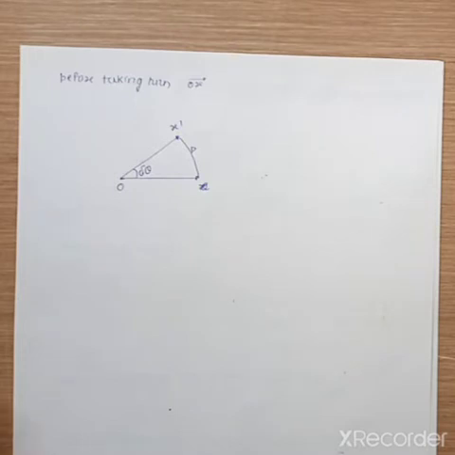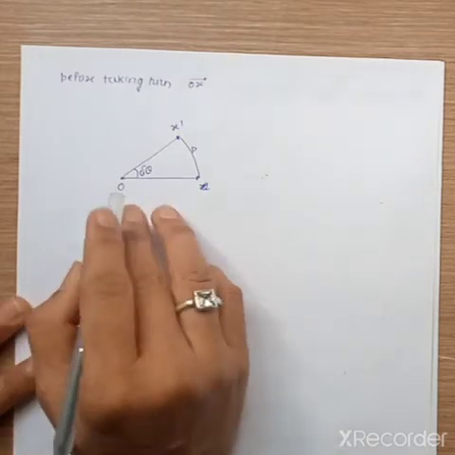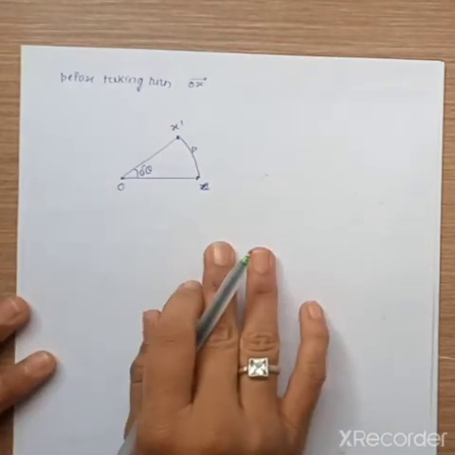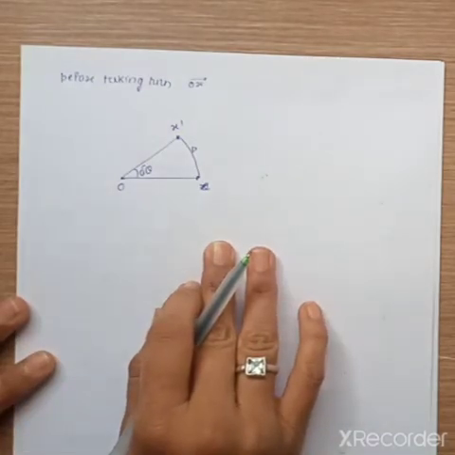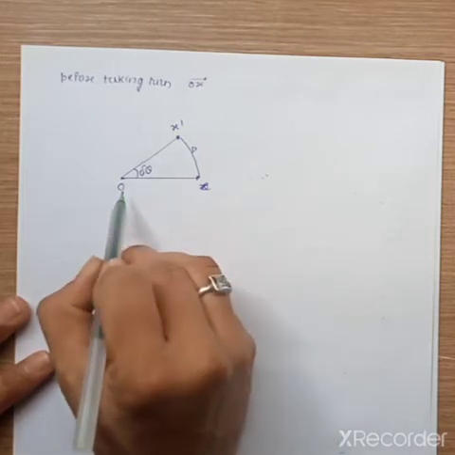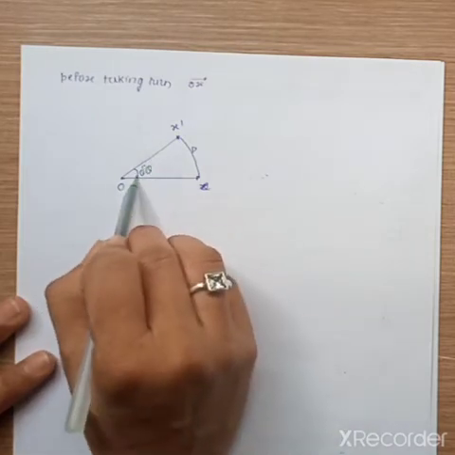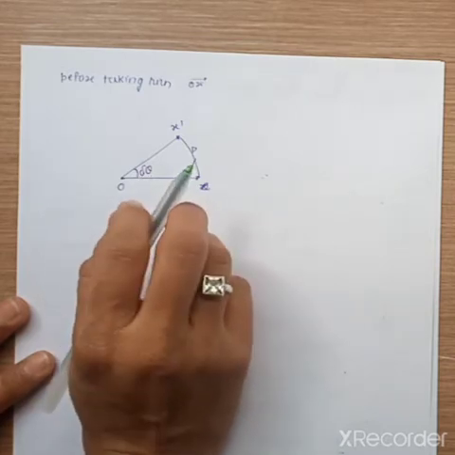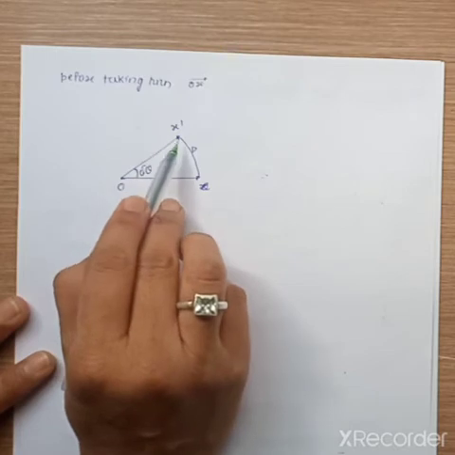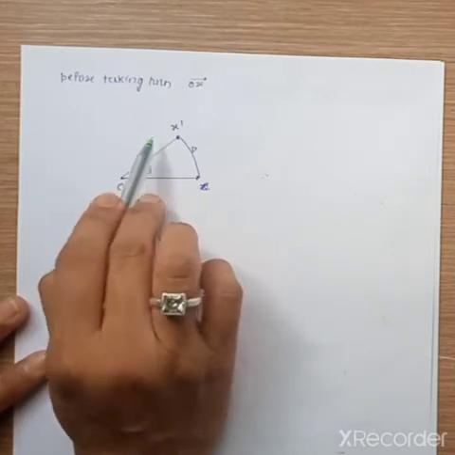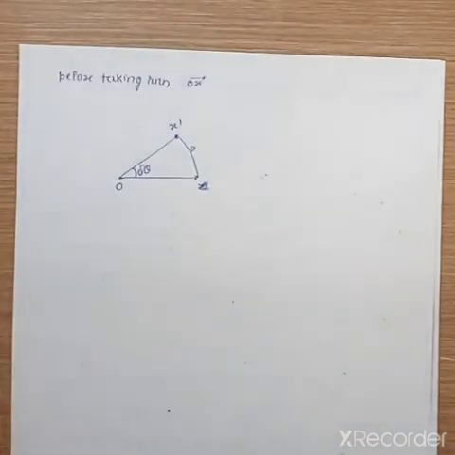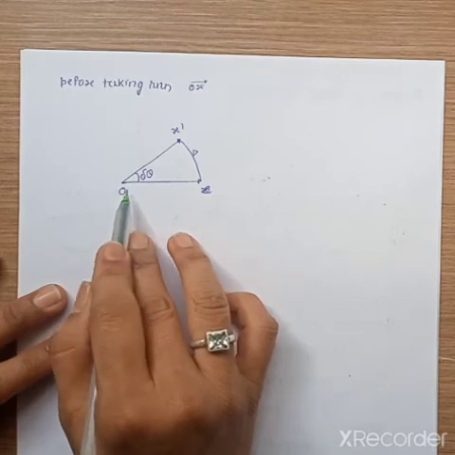Initially, the angular momentum vector is represented by OX. When it takes a left turn, the angular momentum vector will change from OX to OX dash, and the change is by angle delta theta. This change in angular momentum is represented by vector x dash. This represents the change in angular momentum, or we can also say that it is nothing but the active gyroscopic couple. It is generally perpendicular to this OX.